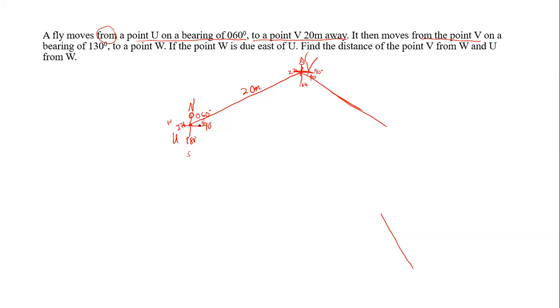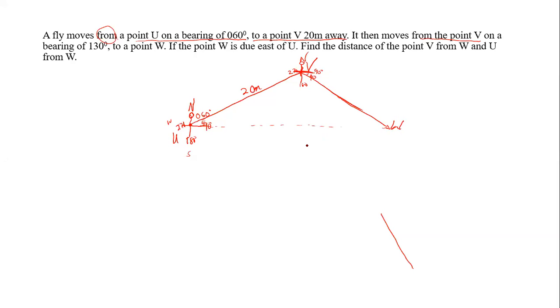East of U is this place. So you have to trace it here. When you trace it, somewhere here is where we are going to have W. So this is W.